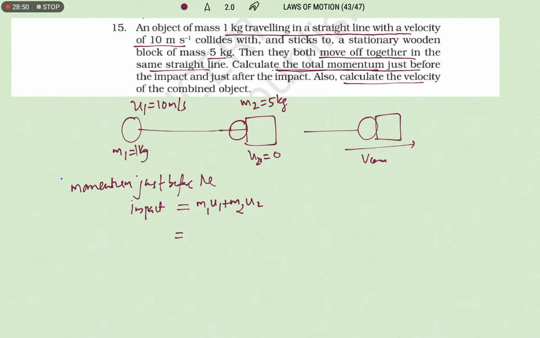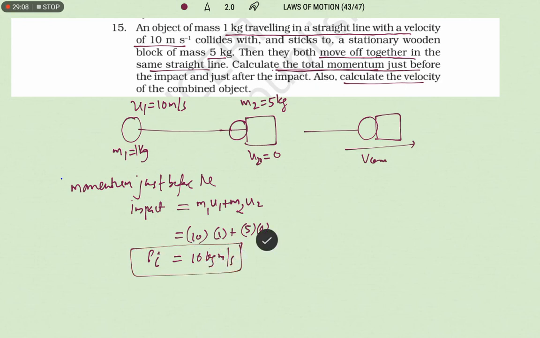So m1 u1 is 10 into 1, m2 u2 is 5 into 0. So 10 is the momentum of the system before the collision.